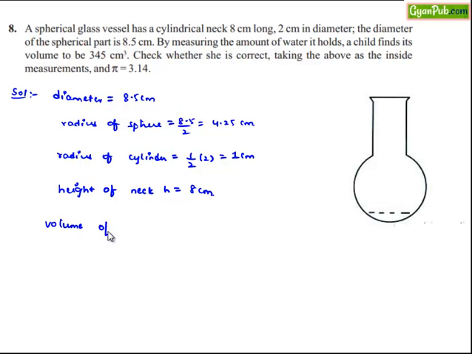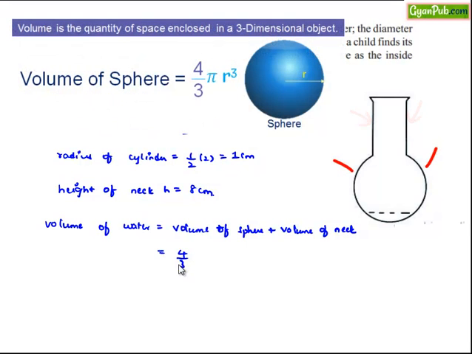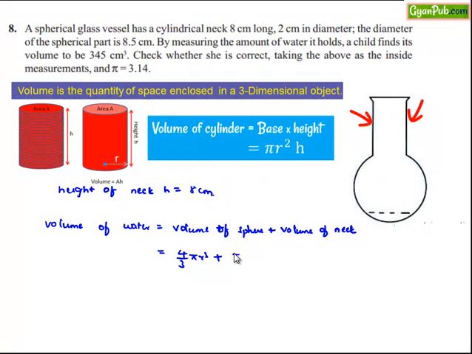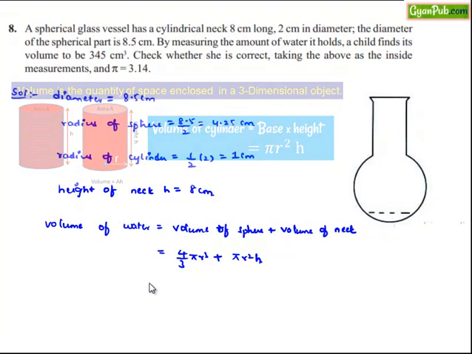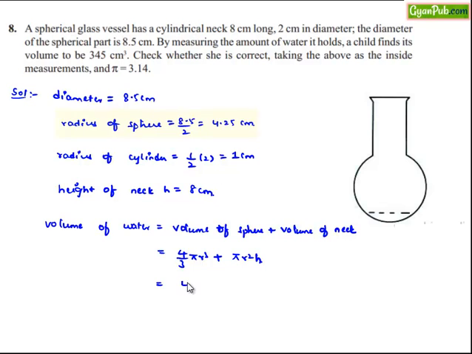Now the volume of water filled in it is the volume of sphere plus the volume of neck, which is in the form of a cylinder. The volume of sphere is 4 by 3 pi r cube plus the volume of the neck, pi r square h, that is equal to 4 by 3 times pi into 4.25 whole cube plus pi times 1 square into 8.